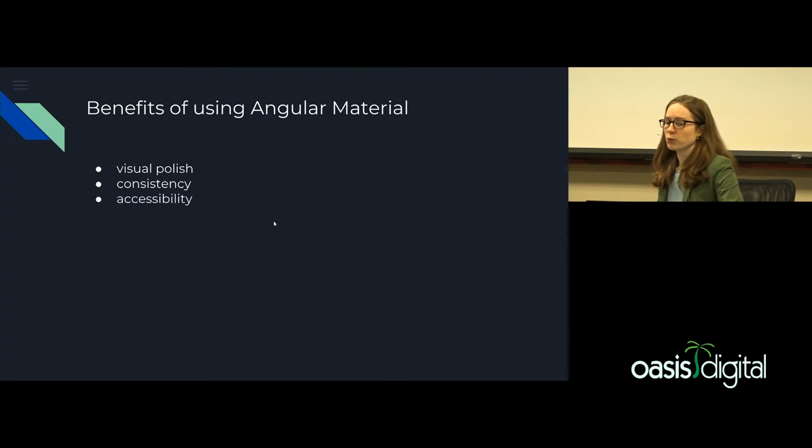Accessibility. Angular Material has been built with accessibility in mind, and this takes two key forms. There's the component documentation. For each of the components in the documentation on material.angular.io, there is a little section about accessibility features for those components.